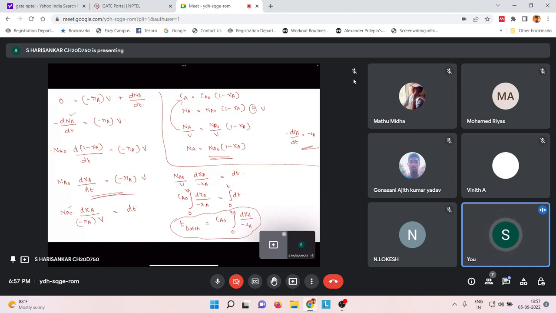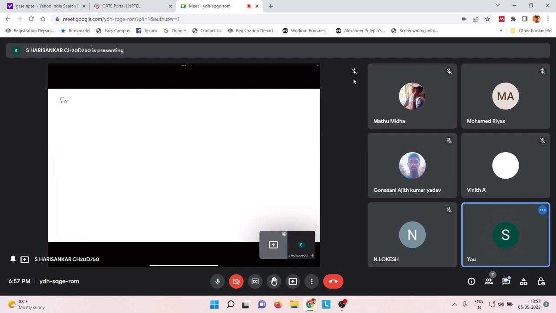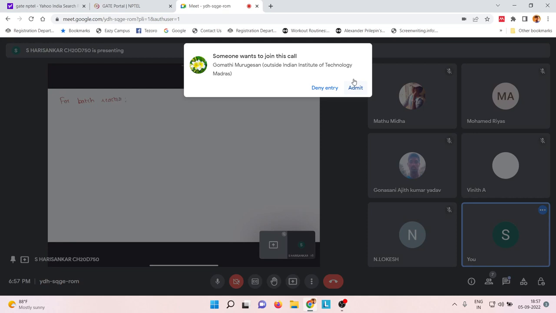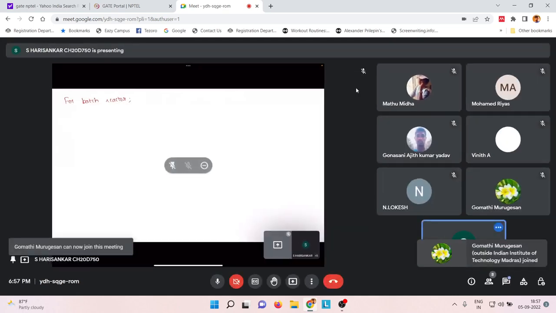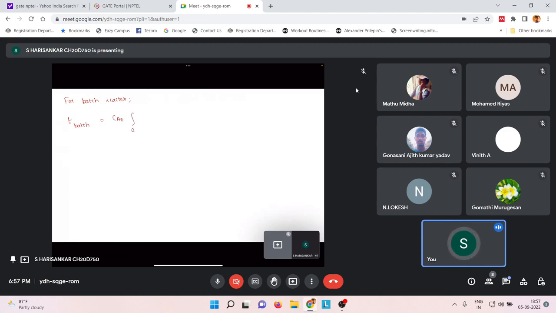Let us write this again. For batch reactor, t batch is equal to Ca0 into integral of 0 to Xa dXa by minus Ra. Okay. Now we can write this in a different form as well. So we have Ca is equal to Ca0 into 1 minus Xa, right?